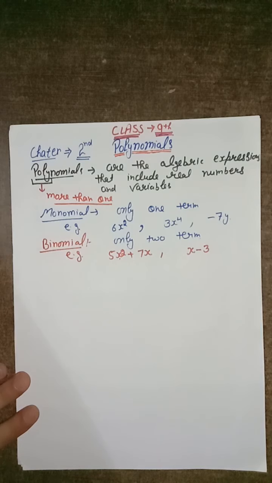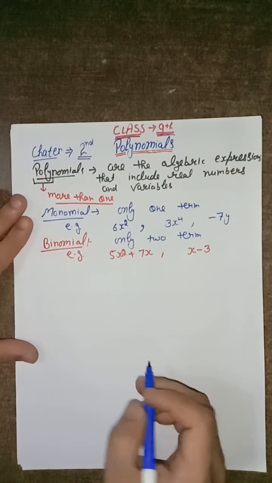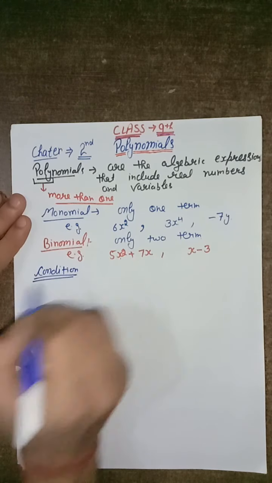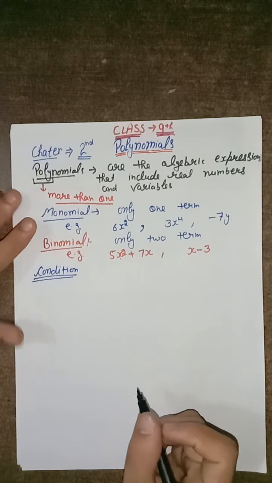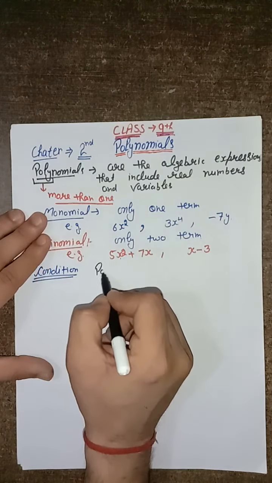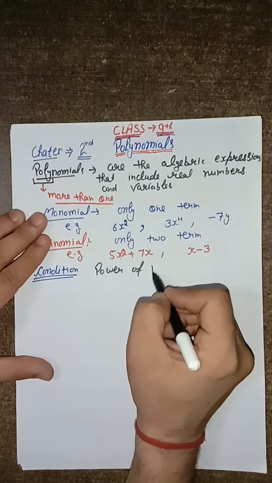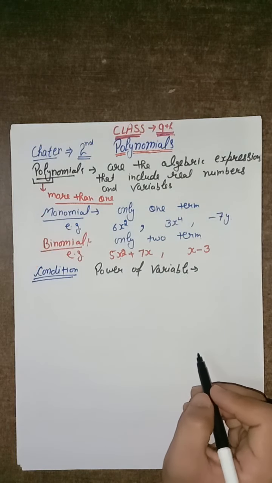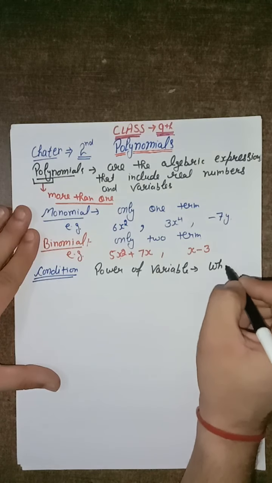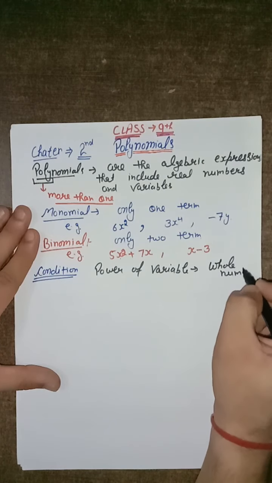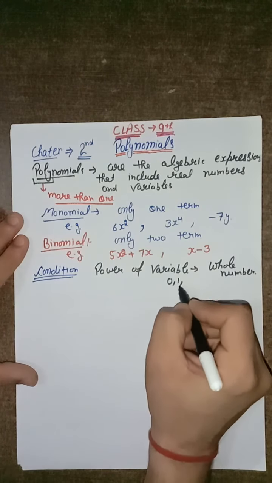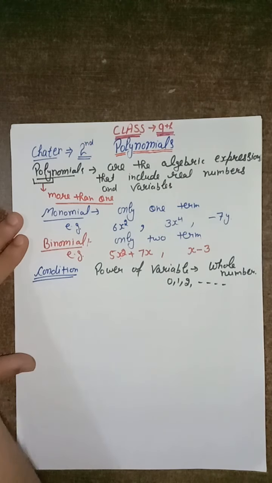Now we will discuss the conditions for polynomials. What should be the condition to set up a polynomial? First one is the power of variable. To set up a polynomial, the power of variable should be a whole number. You know whole numbers like 0, 1, 2 and so on.